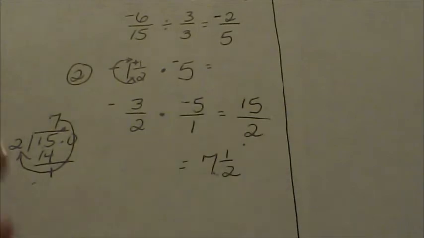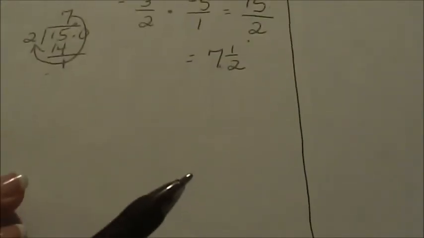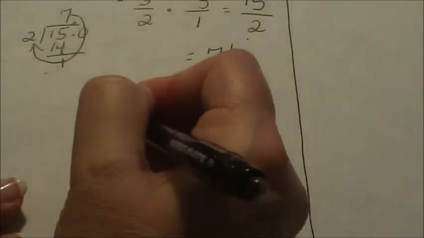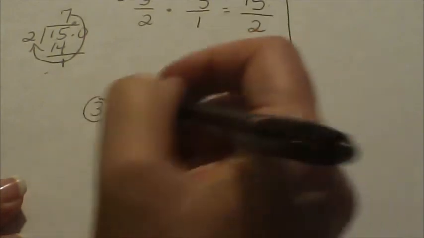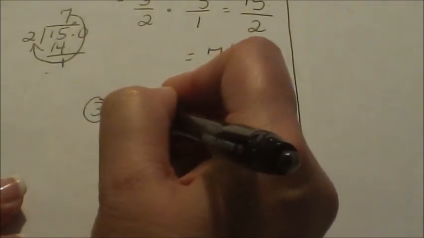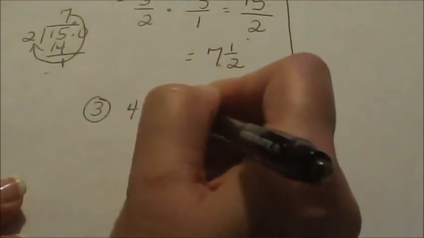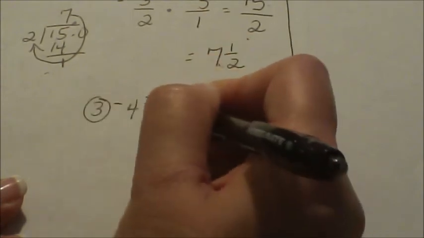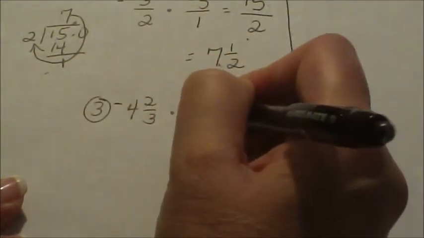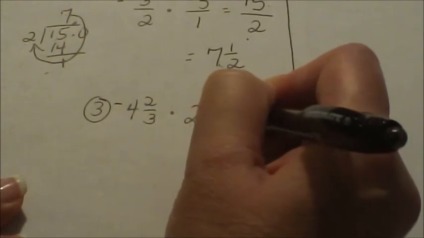Okay, let's do one more. Let's do negative 4 2/3 times 2 1/5.